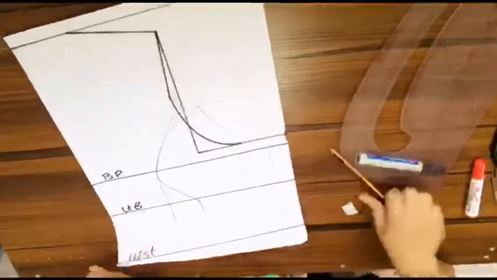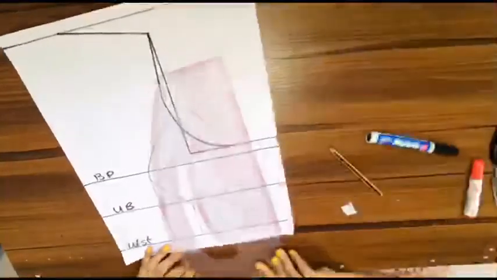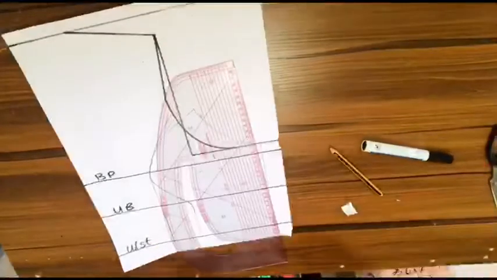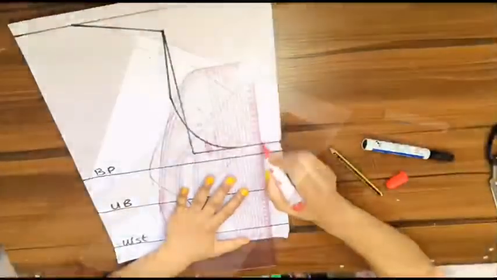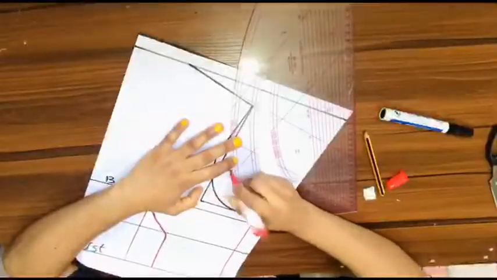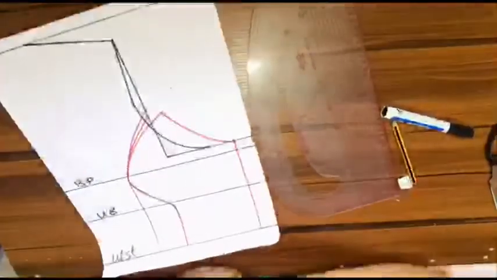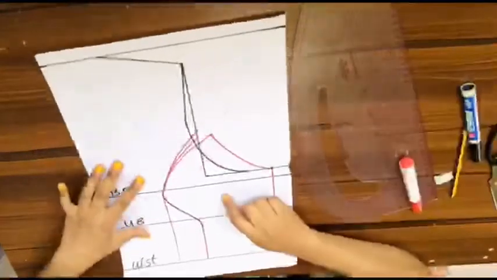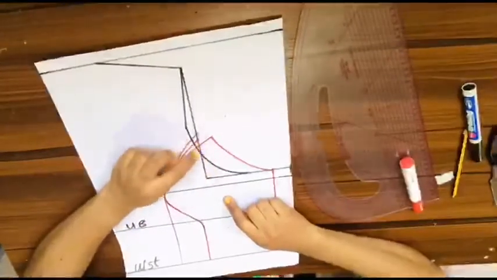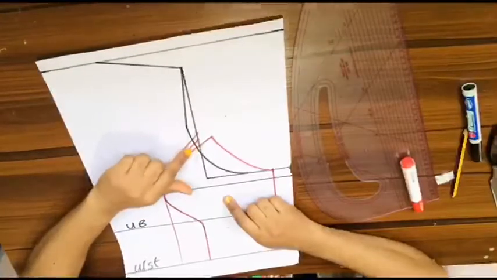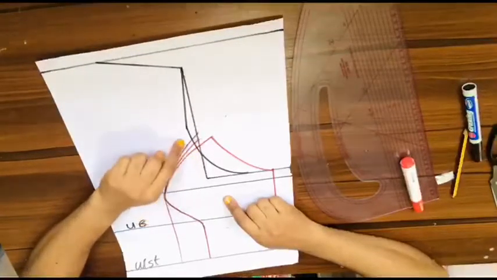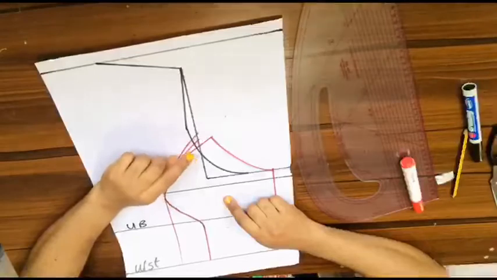Okay, now that I've done this, I'll just go ahead to use my marker and just highlight the points so that you can see it. Do not forget to always come out by 1 inch, depending on the amount that you take in at the armhole, that is on the armpit line.